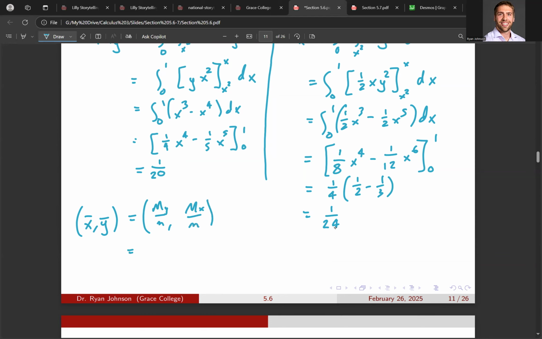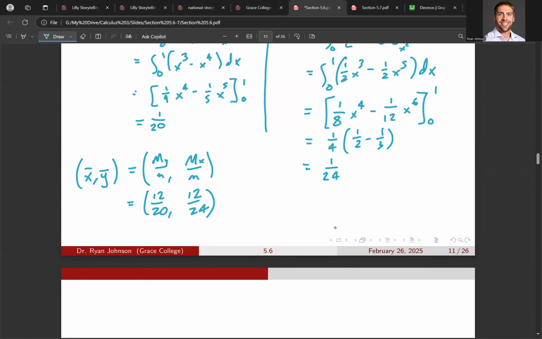So m is 1/12, so dividing by 1/12 is just multiplying by 12. That's 12 over 20 and 12 over 24. And so then 12 over 20 would be 6 over 10. So basically 0.6, 0.5.